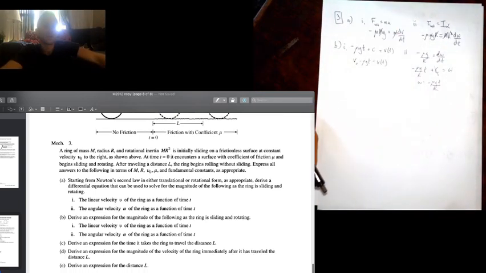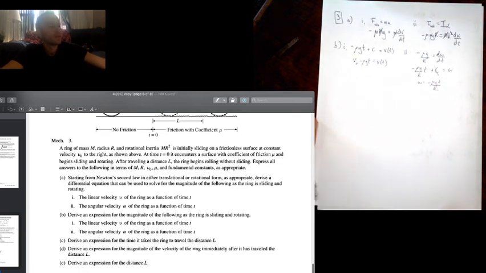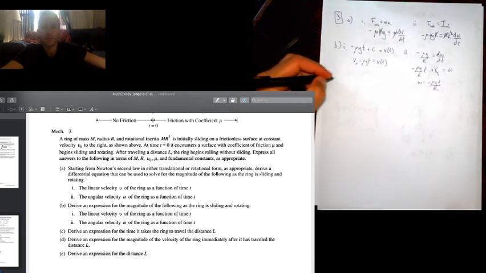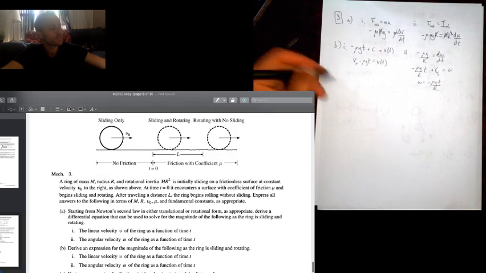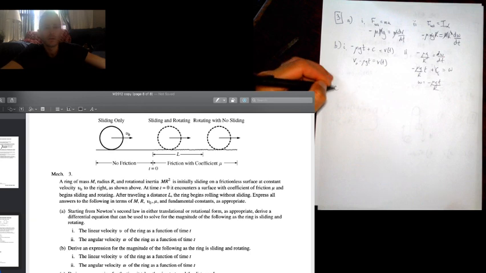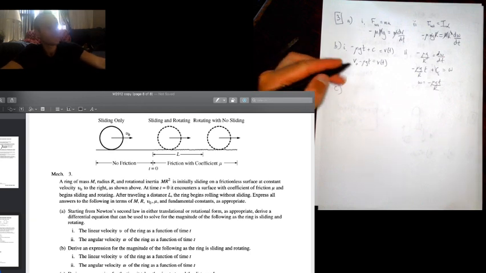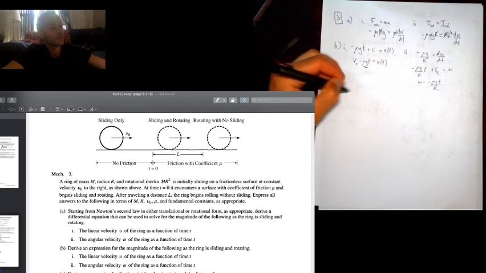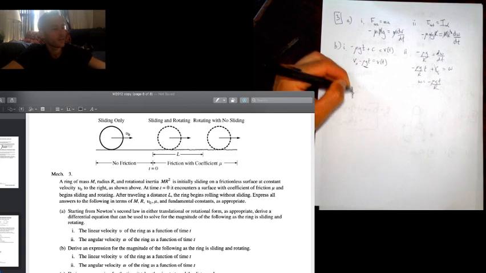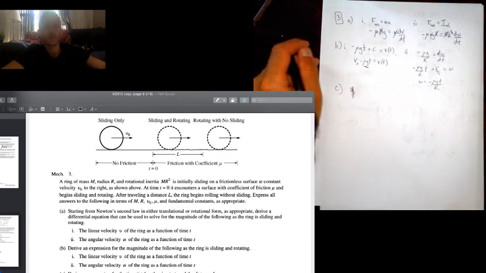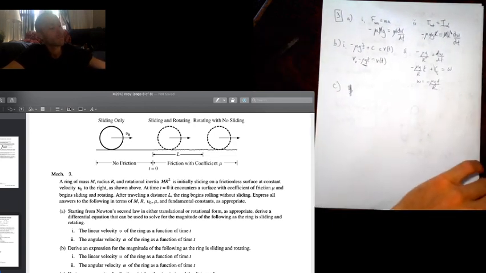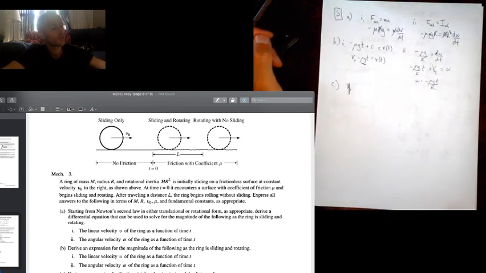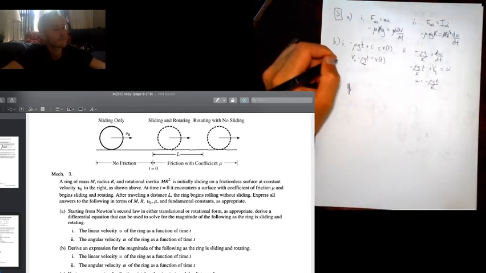Okay? How long does it take to travel the distance L? Well, this says that the acceleration is minus mu g. So which kinematic equation do I want to use?